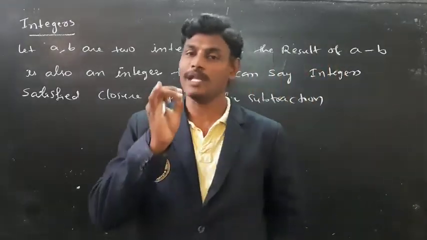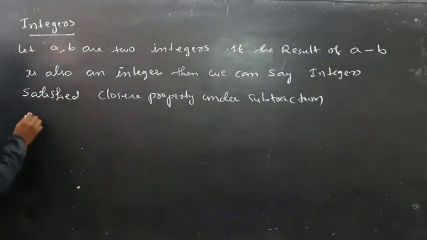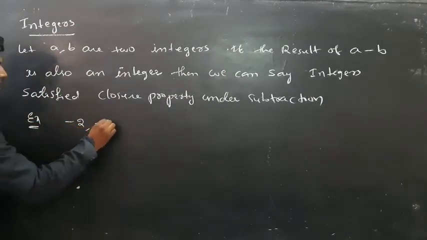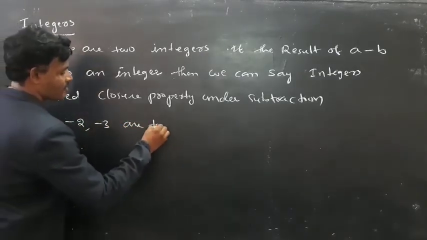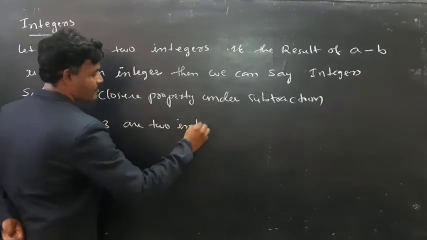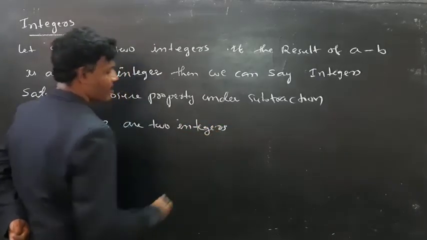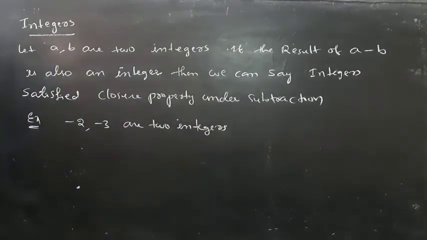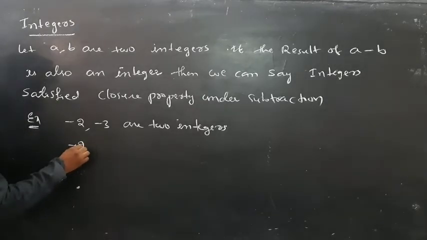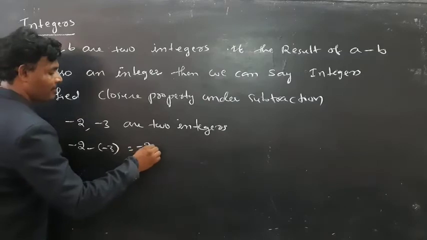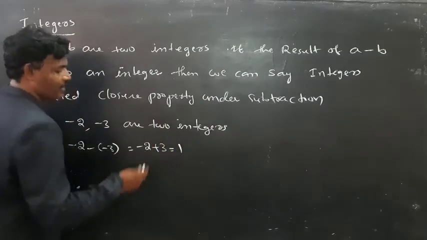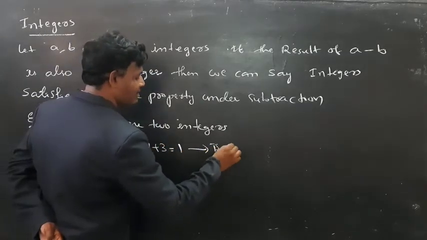Now I am going to take some examples. For example, minus 2 and minus 3 are two integers. Then I need minus 2 minus of minus 3. It is nothing but minus 2 plus 3 is equal to 1. 1 is also an integer.